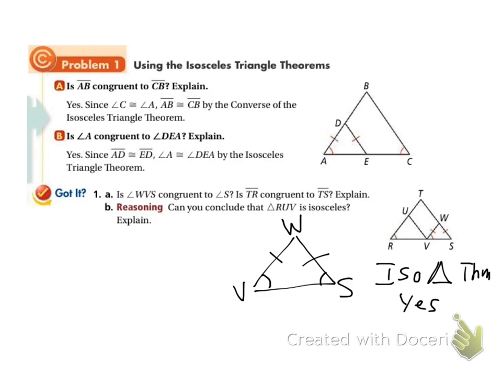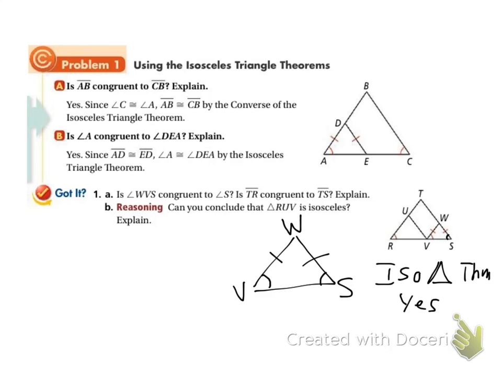Okay, then they want to know, is TR, this guy, congruent to TS? So I should update my picture here. I just said that angle WVS is congruent to angle S, right? Well, it's also marked that angle R has one arc.